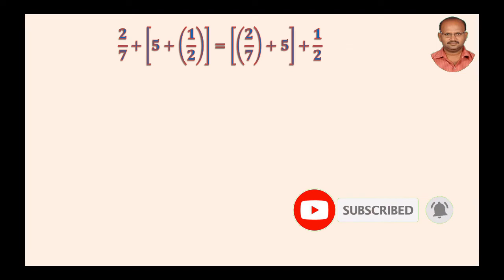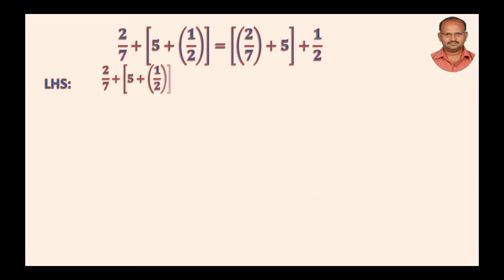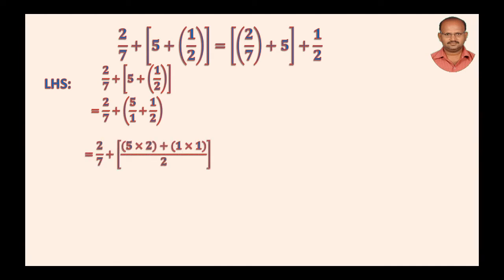LHS is equal to 2 by 7 within brackets 5 plus 1 by 2. 5 is nothing but 5 by 1, then that is equal to 2 by 7 plus 5 by 1 plus 1 by 2, that is equal to 2 by 7 plus within bracket start 5 into 2 plus 1 into 1 upon 2 bracket close.